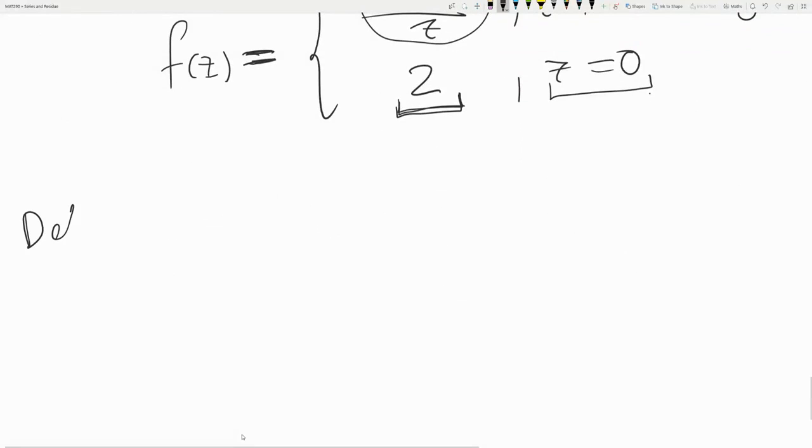Now let's talk about poles. That's the biggest part for this course. Pole of order n.